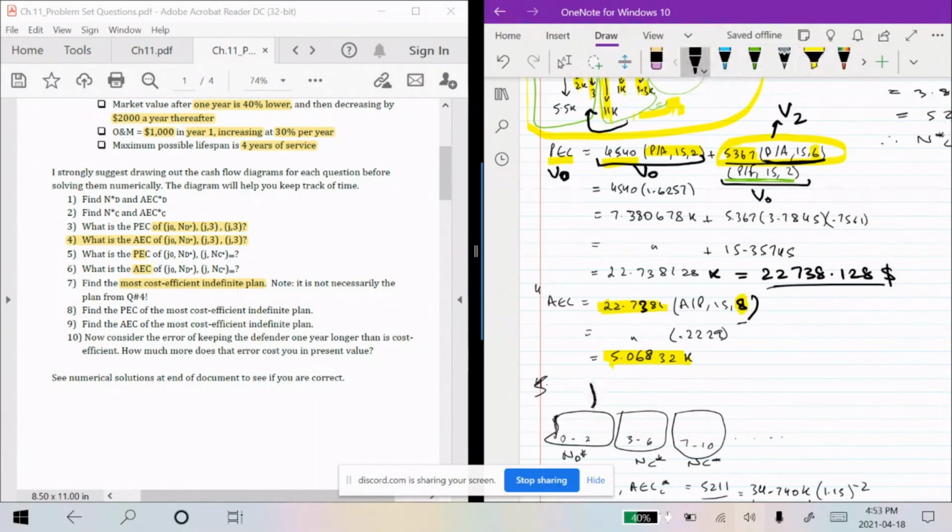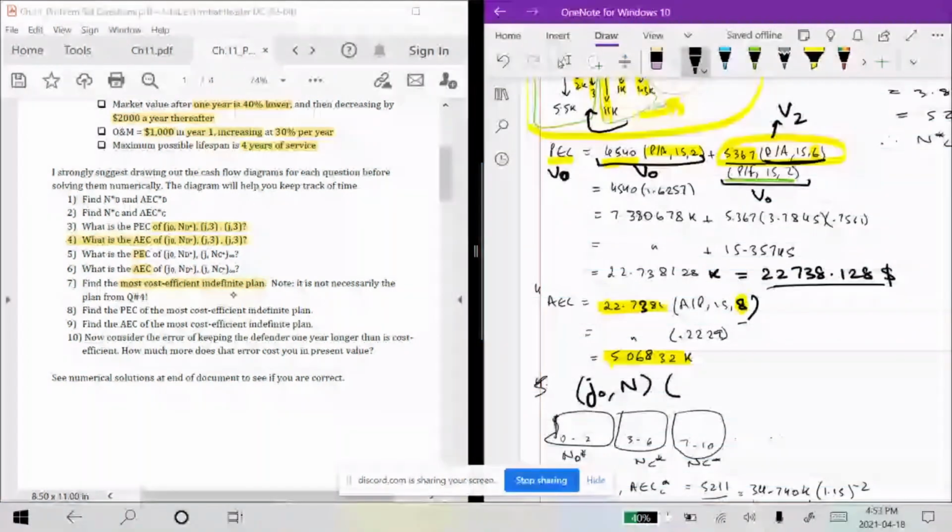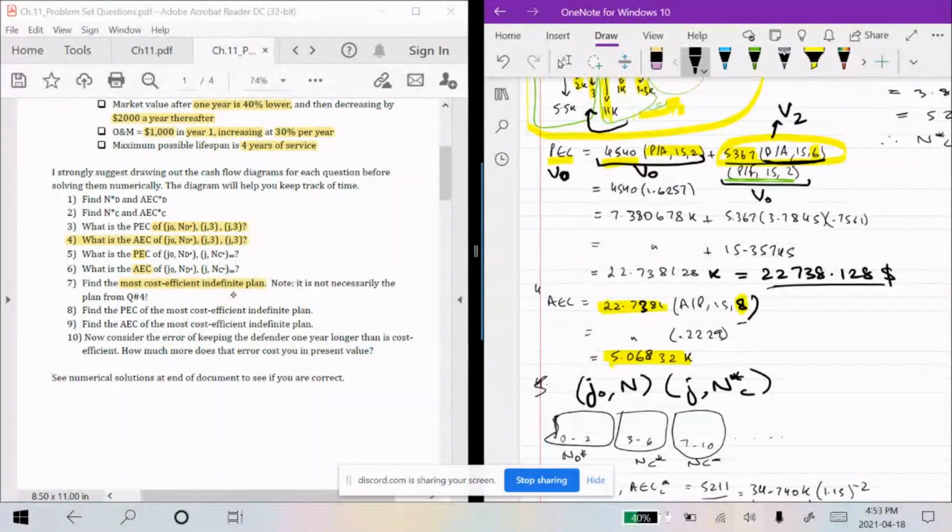What they mean is that you use the defender for a specific period of time, J0, which I'm going to take as n. And then you use the challenger for different cycles. You always use the challenger for its estimated service life, the most cost efficient life, and then you keep using it like this infinitely.